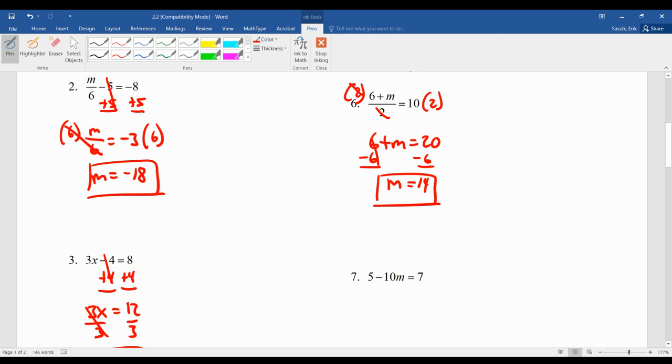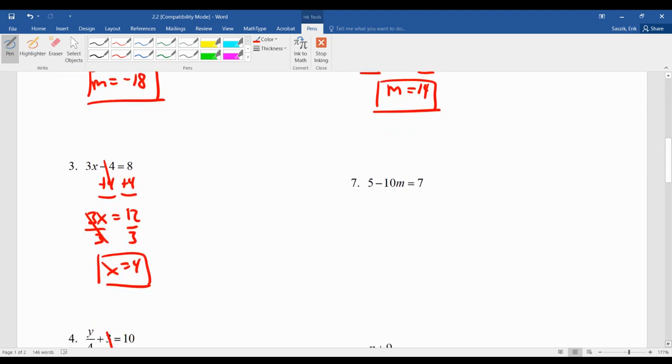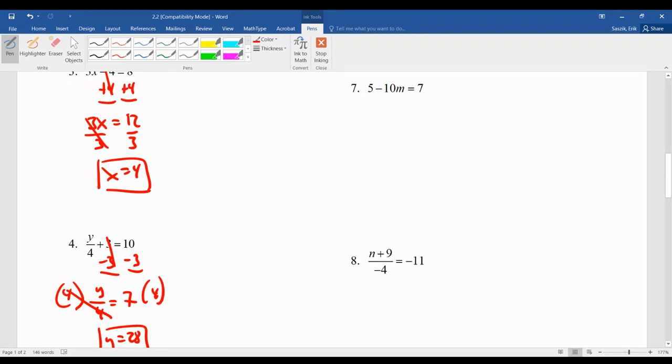Now it's a similar problem down the bottom, number 8. If you want to try that one yourself, it's just like the one we did. In the meantime, I'm going to do 7. Now you got to be careful here. Remember, there's the negative 10m. You want to get m by itself. This 5 is positive. The opposite of adding 5 is to subtract 5.